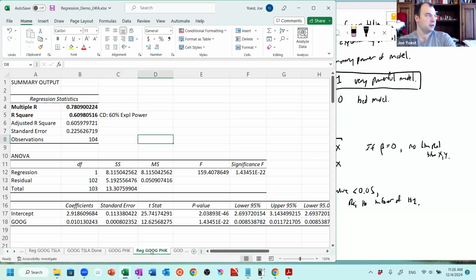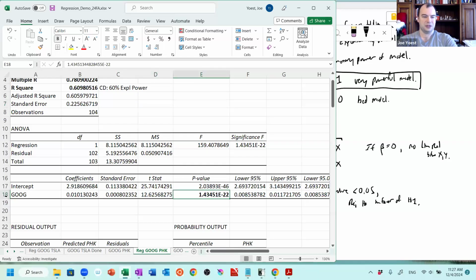In other words, knowing something about Google's share price explains, say, about 60% of what's going on with PIMCO's share price, and about 40% is left unexplained. This is a heck of a lot better than the like 5 or 10-ish% that we were getting for the explanatory power of those last two models.